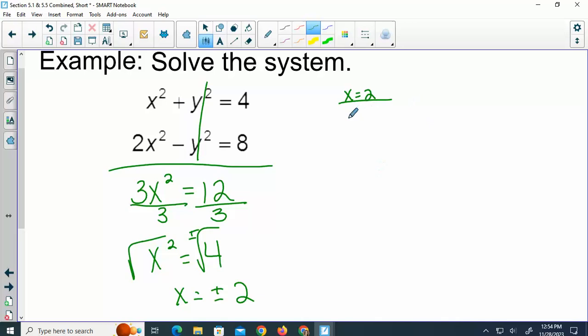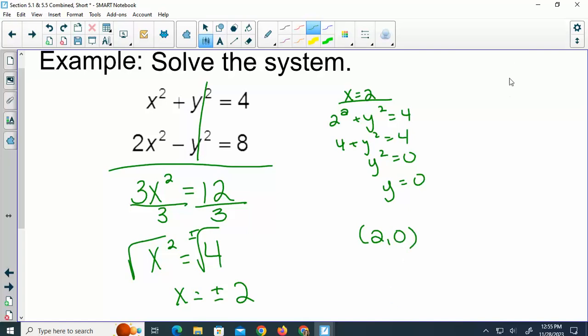If x is positive 2, so square root plus or minus 0 is the same, so we get 0. So 2, 0 is a point. If x is negative 2, what are we going to get? Same thing.